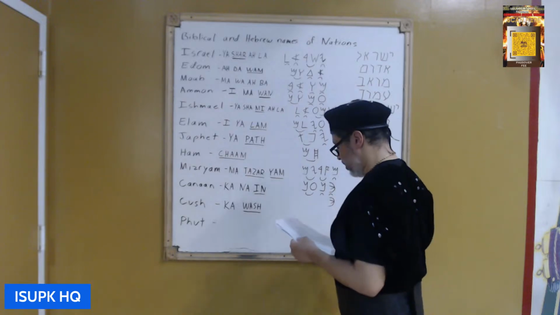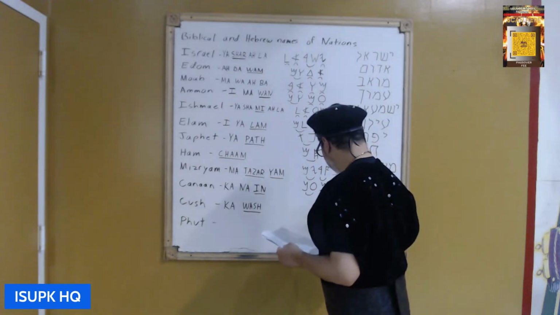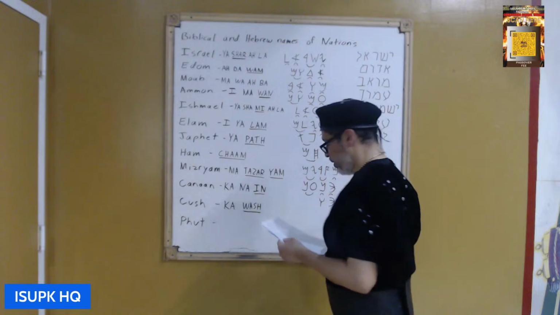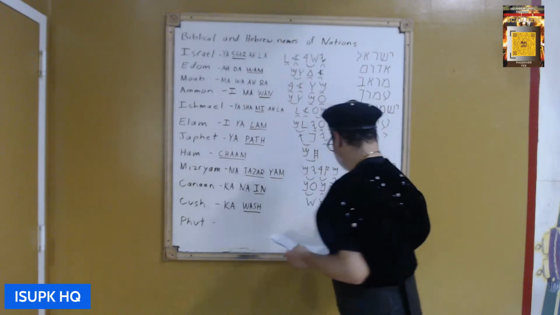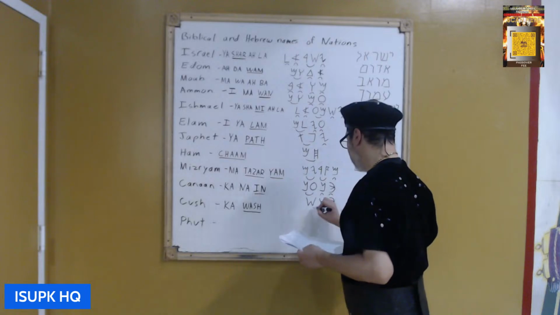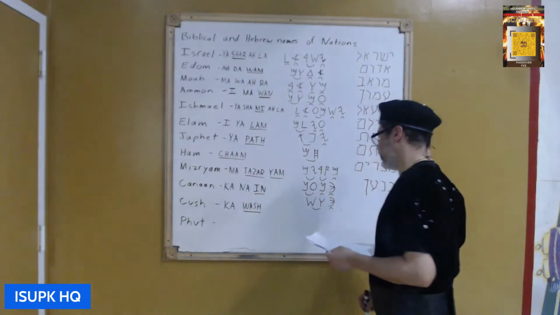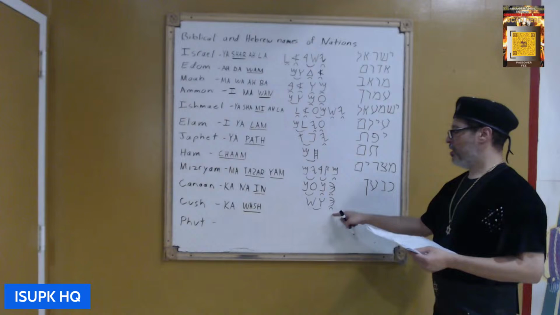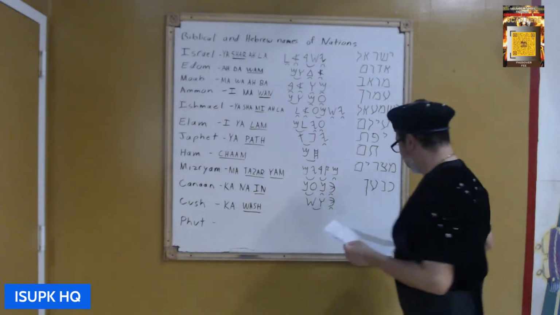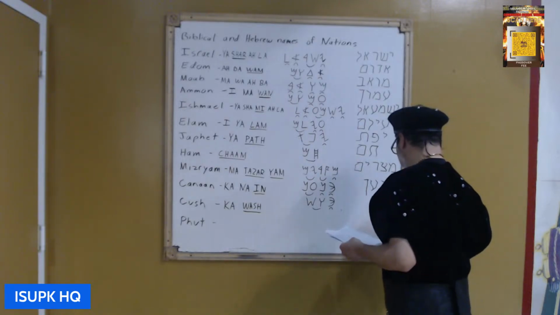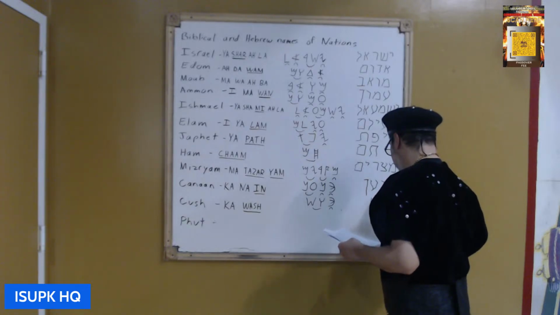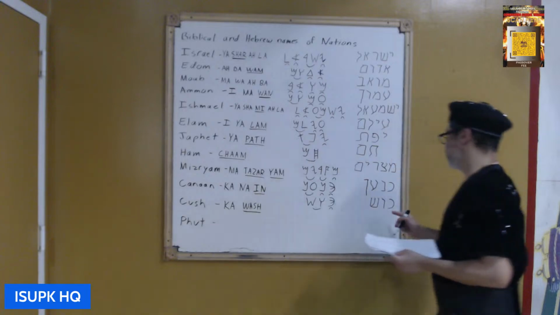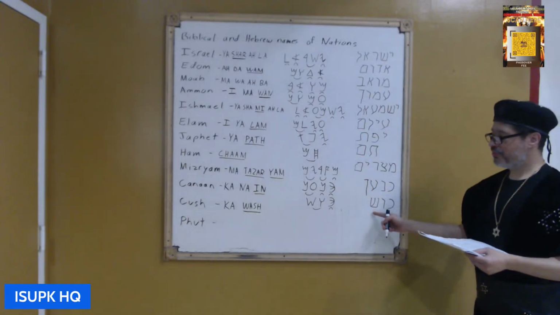Ka, Wa, and then the Sha. So this will be Kawash. These are connected. Kawash. In the modern, Kawash.